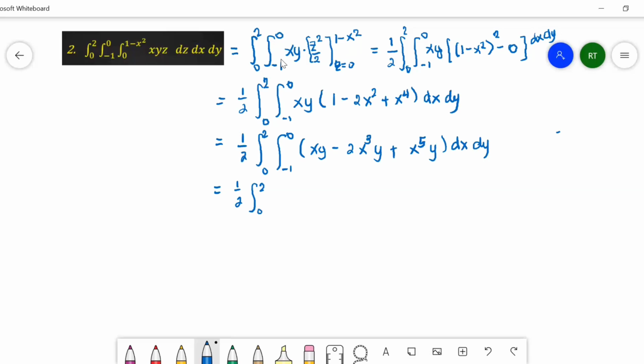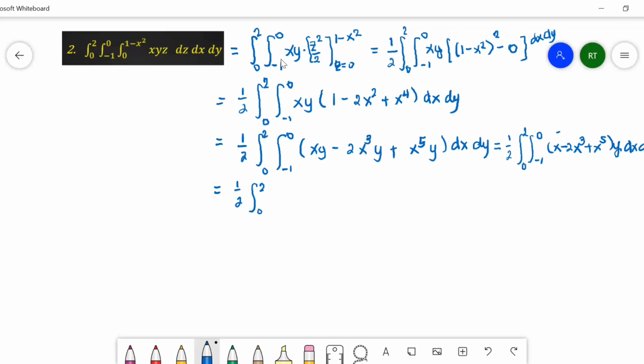We have 1/2, the double integral with x going from -1 to 0 and y going from 0 to 2, of the quantity x minus 2x cubed plus x to the fifth, times y. We factored out y. Then we have dx dy.